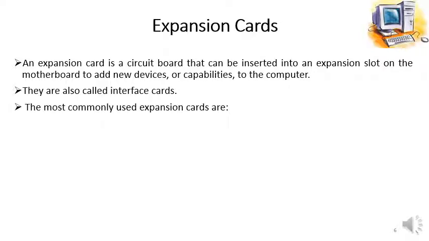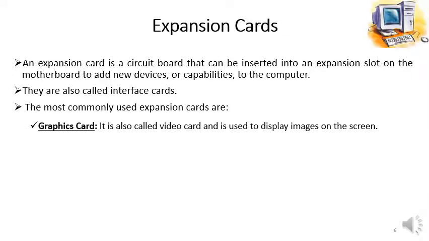Third, we have expansion cards in our computer. An expansion card is a circuit board that can be inserted into an expansion slot on the motherboard to add new devices or capabilities to the computer. They are also called interface cards. The most commonly used expansion cards are the graphics card, also called video card, used to display images on the screen.